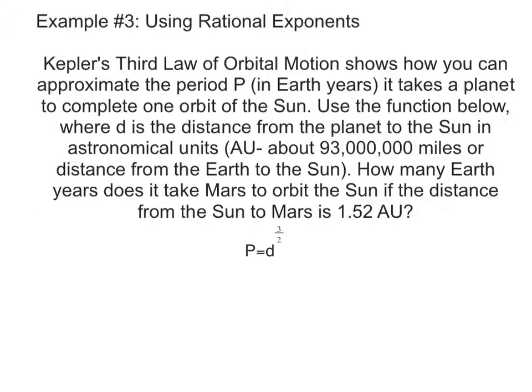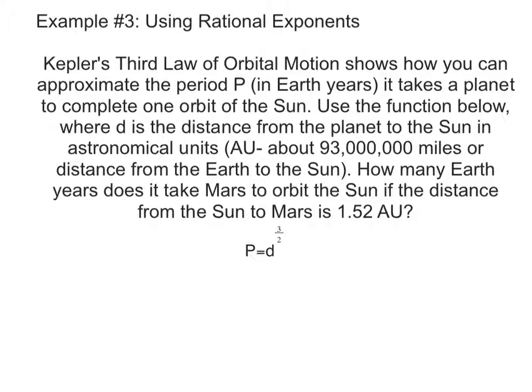All right, so it says Kepler's third law of orbital motion shows how you can approximate the period P in Earth years it takes a planet to complete one orbit of the sun. Use the function below where d is the distance from the planet to the sun in astronomical units, which is about 93,000 miles, or the distance from the Earth to the sun. And so it says, how many Earth years does it take Mars to orbit the sun if the distance from the sun to Mars is 1.52 astronomical units?